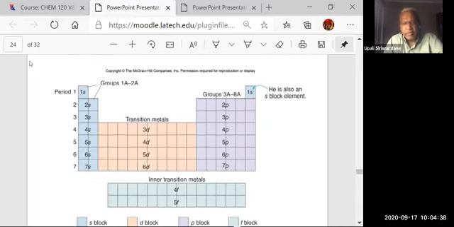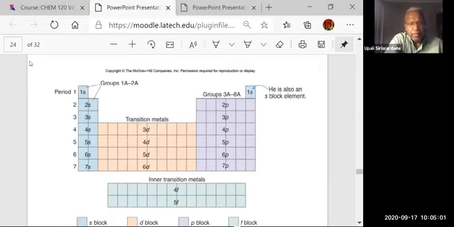So when you are getting the electronic configuration, you can go through this up to the element. For example, what is the electronic configuration of lithium? It's 1s2, there are two places, 2s1.